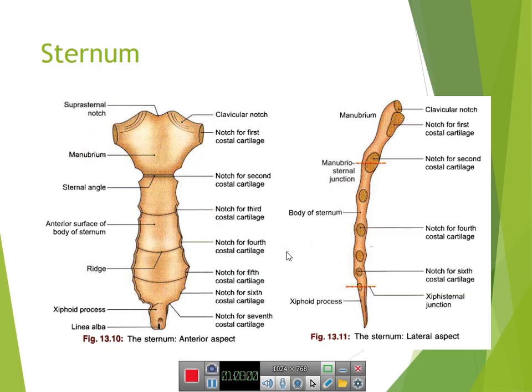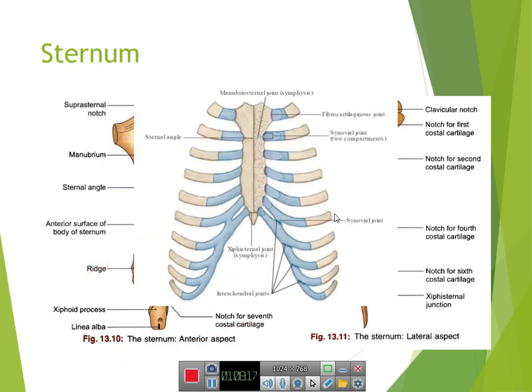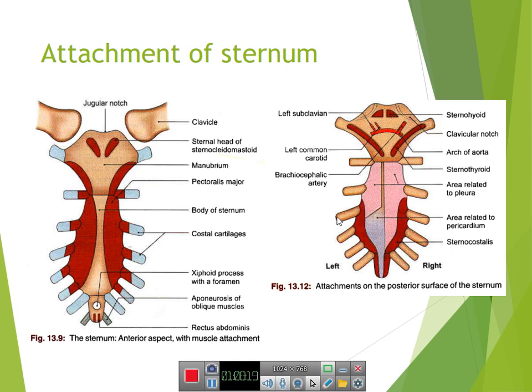So, do you know what is it? The attachments of the body of the sternum, at the anterior and posterior surfaces and lateral borders. I'm going to tell you about the attachments of the body of the sternum. Look here on the right side, the posterior surface of the body of the sternum, and the anterior surface of the body of the sternum on the left side.